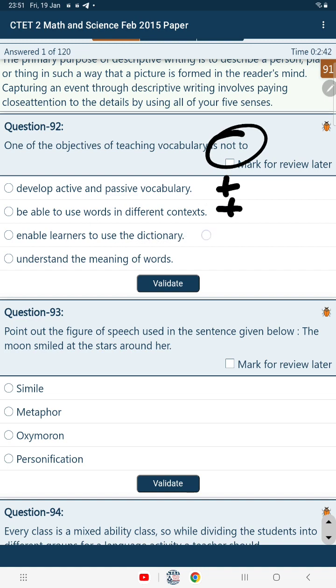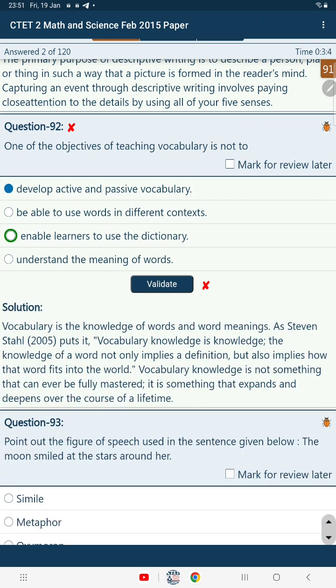Enable learners to use the dictionary, this is positive. Understand the meaning of the word. So the correct option would be option A, students.